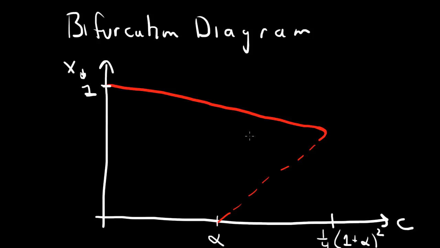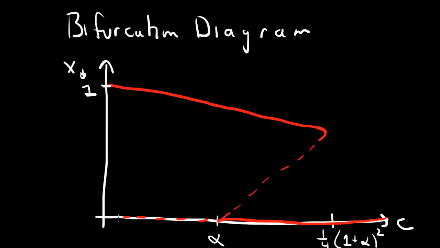And these are 2 of the fixed points. And then the last fixed point is x star equal to 0. This one we expect to be stable when the fishing is very high. So it's stable out here. And then another bifurcation must occur at alpha that is called a transcritical bifurcation.